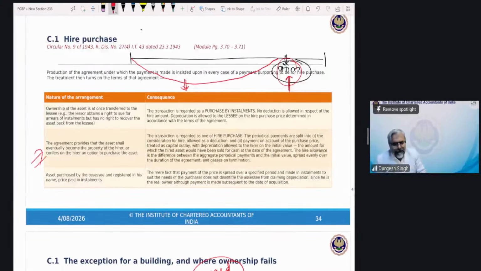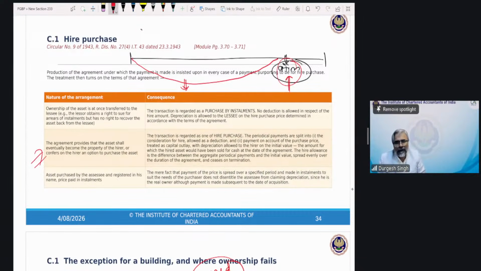In the hire purchase agreement, students, again the same question arises. I think all of you are aware of hire purchase. What happens in the case of hire purchase? I purchase the asset. I have to keep on paying the installments, isn't it? And if I don't pay any installment, then the supplier or the vendor can seize that asset back.